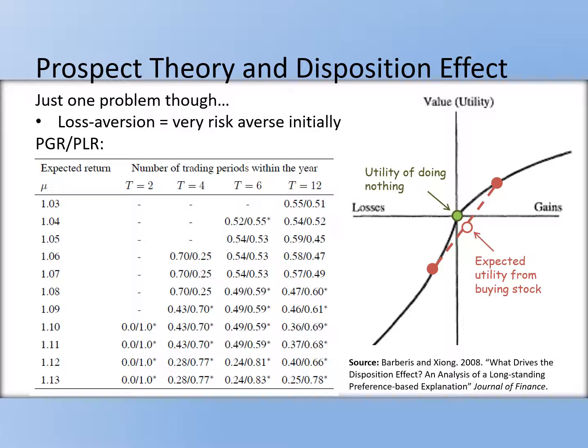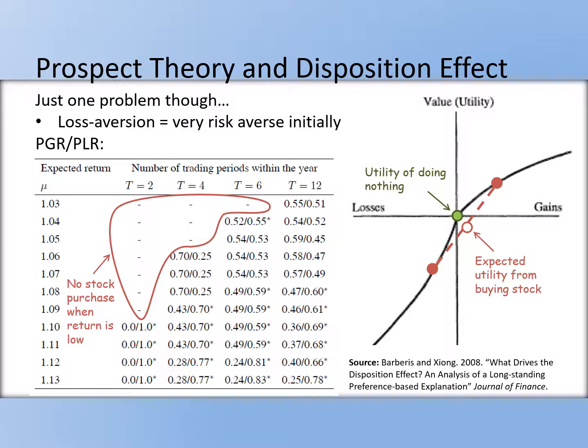So Barbaros and Sean did a much more careful calculation based on more realistic numbers, including realistic utility parameters, realistic stock returns, and thought really carefully about how a trade would work. And they realized people would not buy in many cases.